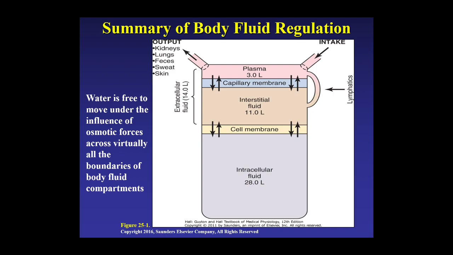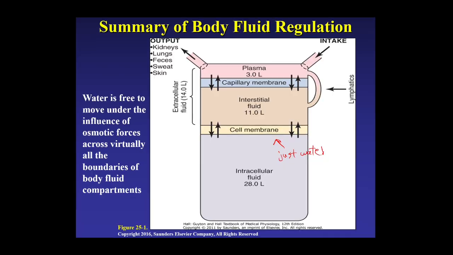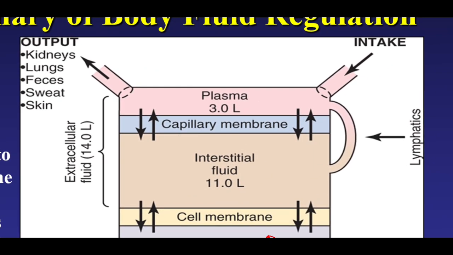Okay, so that's how you need to understand what kind of volumes you're going to have in each one of them. But the capillary membrane is not permeable to albumins. Yes, that's a large plasma protein. It's not permeable to plasma proteins, except if there's something wrong with it, but we're talking about normal circumstances.